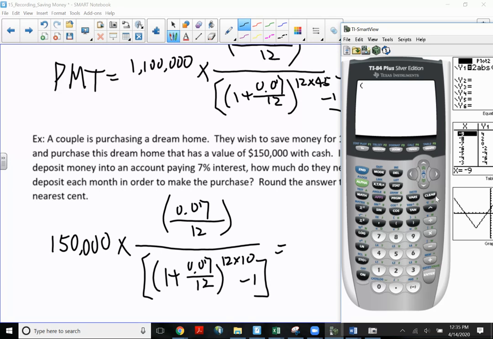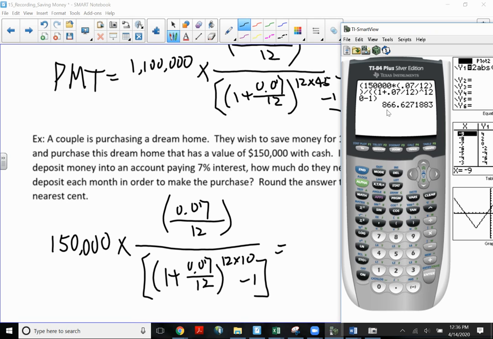Open parenthesis, times open parenthesis, 0.07 divided by 12, close parenthesis for the whole numerator, divided by bracket, parenthesis, 1 plus 0.07 divided by 12, whole thing raised to 120 and minus 1. Close the bracket. There we go. $866.